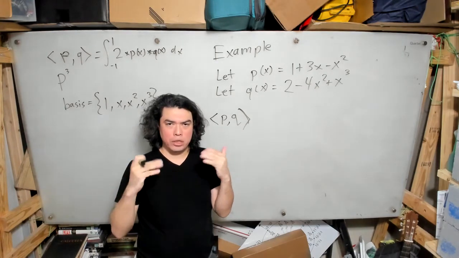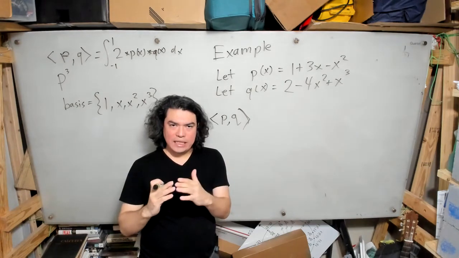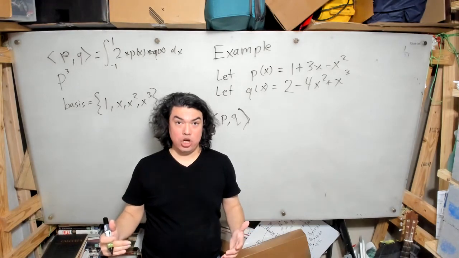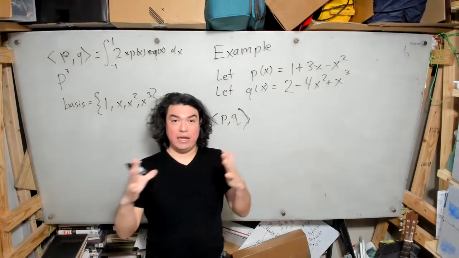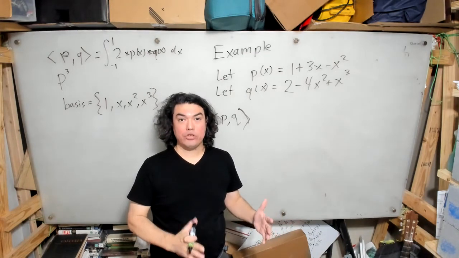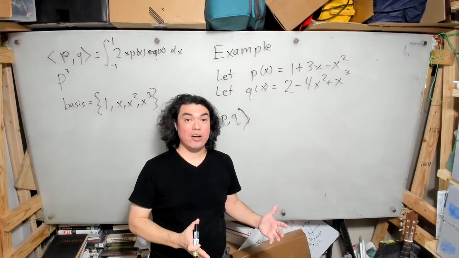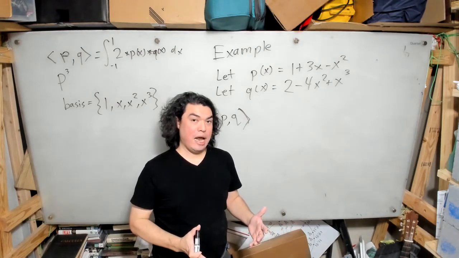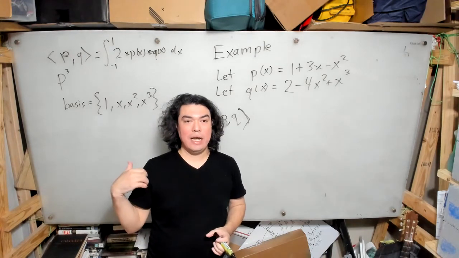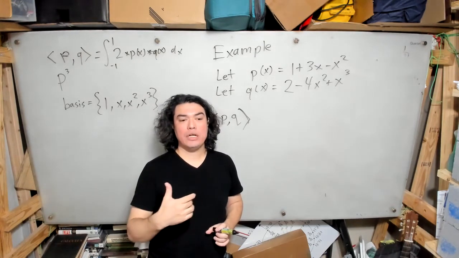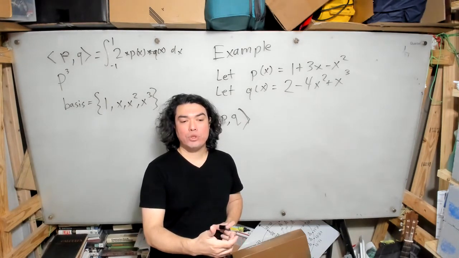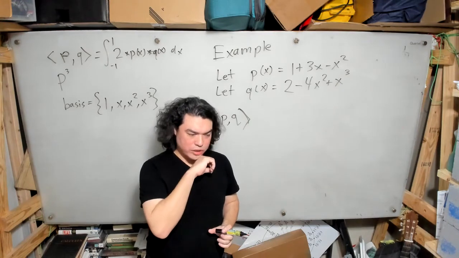The beauty of what we're about to do is that since the space of polynomials is a vector space, we can translate all the results for inner products that are proved for vector spaces to spaces that are not familiar to us.